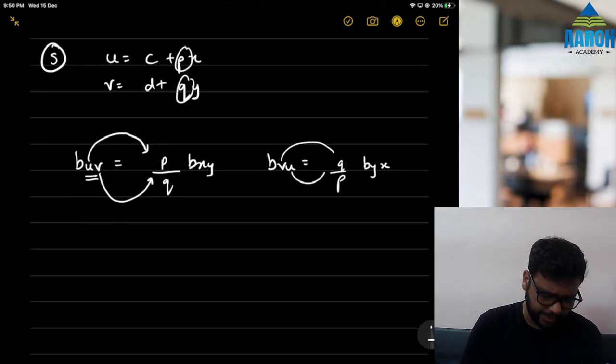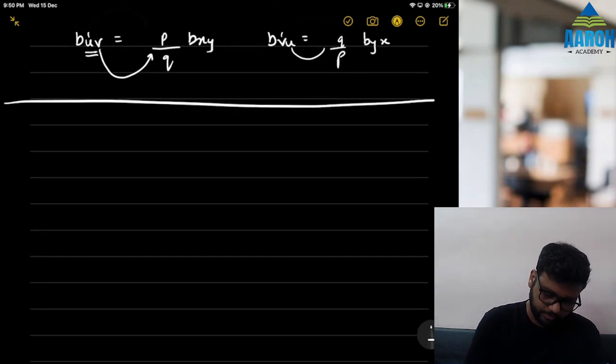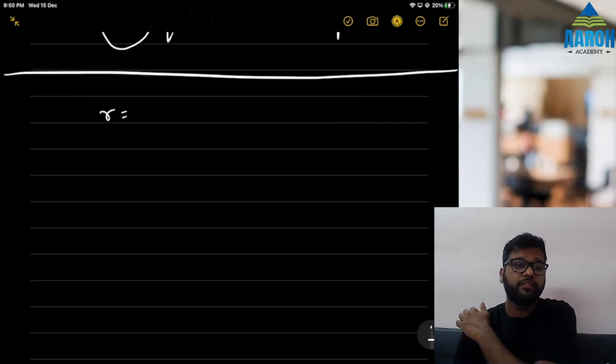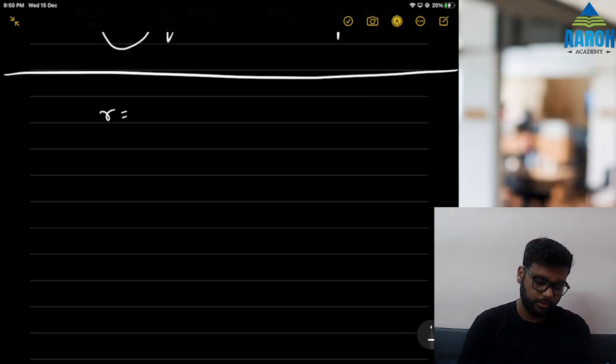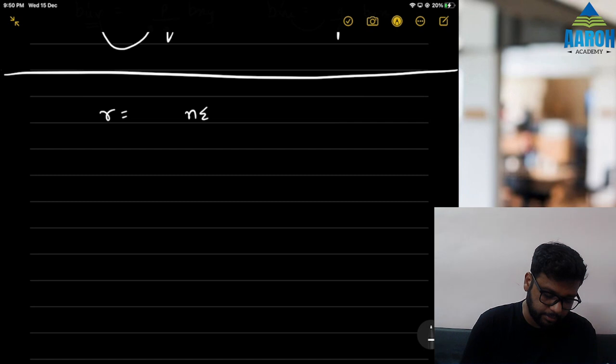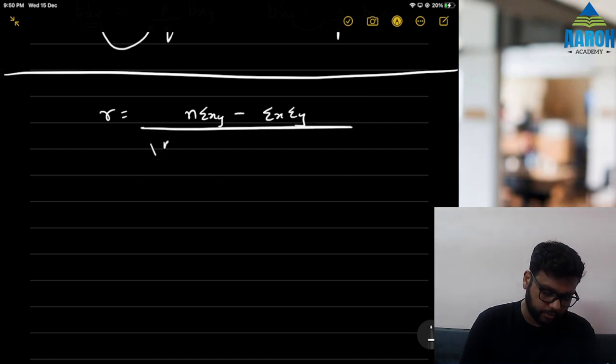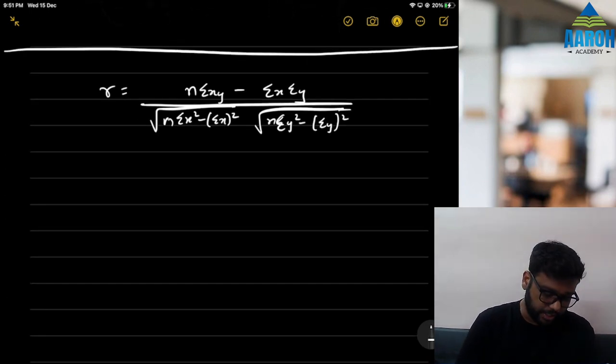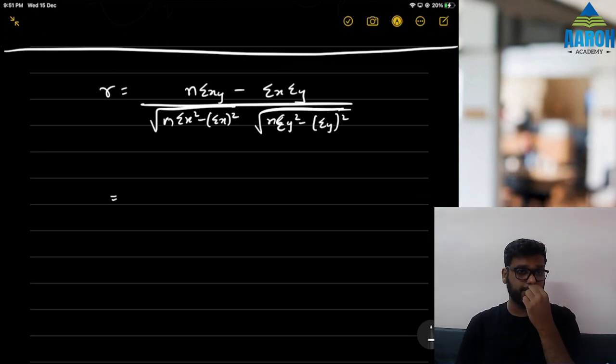One more part that we can see maybe from this chapter is formula of r. This is very unlikely to come, but formula of r in case of frequency data. Regular formula of r is n summation xy minus summation x summation y upon square root of n summation x square minus summation x bracket square into square root of n summation y square minus summation y bracket square. If we have frequency data, then we will just replace all the summation signs with summation f.